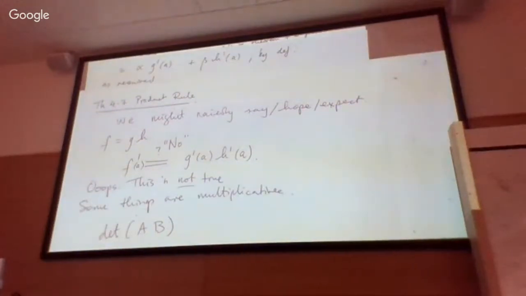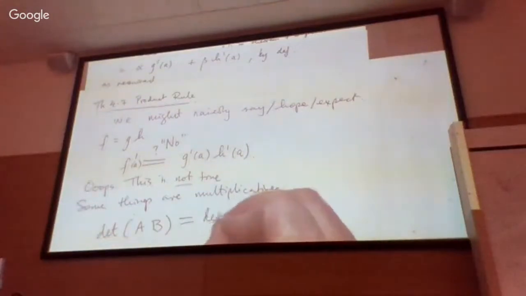You familiar? How's that equation completed? You've done the determinant and properties of it. How is that equation completed? Det of A times the det of B. Exactly.